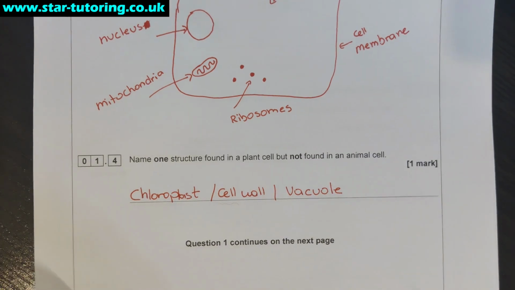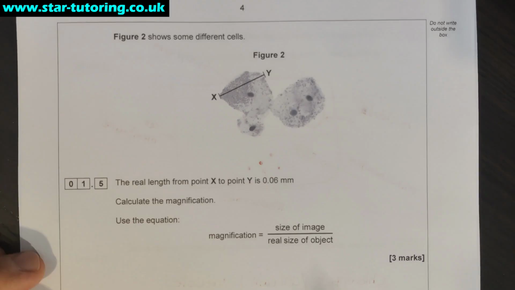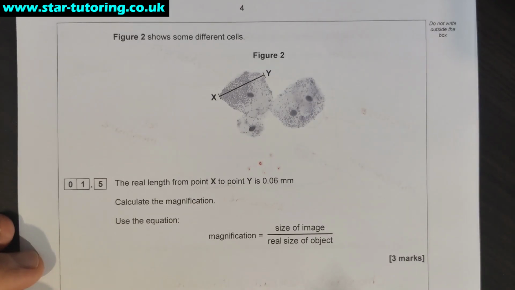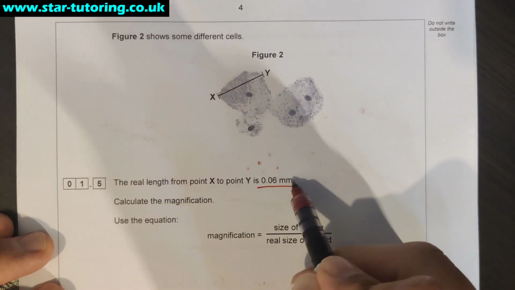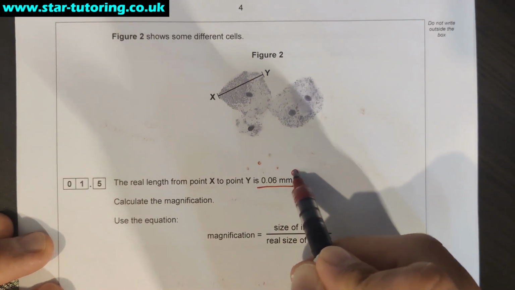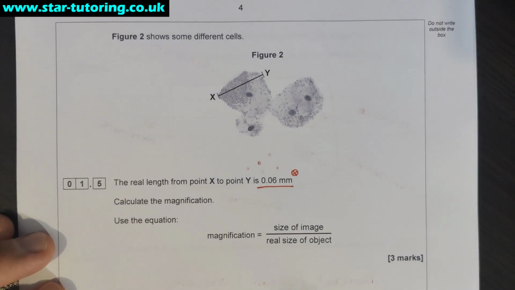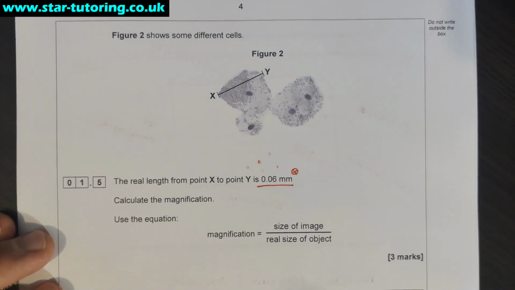Right, so let's move on to question number 5. It says here, figure number 2, some of the different cells, and then you have their length, the real length from point X to point Y is 0.5 millimeters. So let's keep an eye on that, and let's pay attention to the units over here, okay? Calculate the magnification and use the equation below.